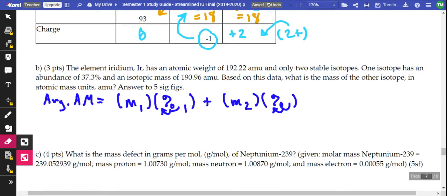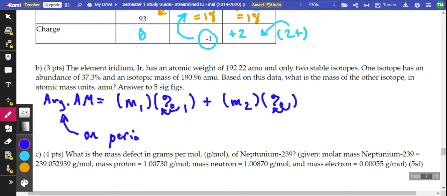Now, the average atomic mass is what's on the periodic table. Since I know this is iridium that we're looking at, if I look up iridium on the periodic table, I should be able to get its average atomic mass. It also says it up here, atomic weight is 192.22 AMU.